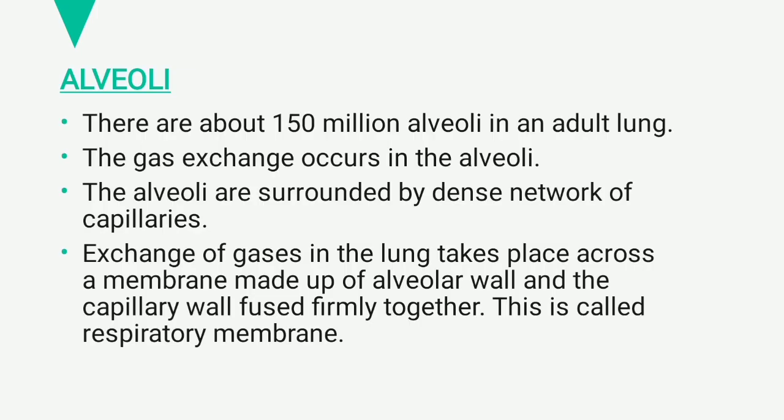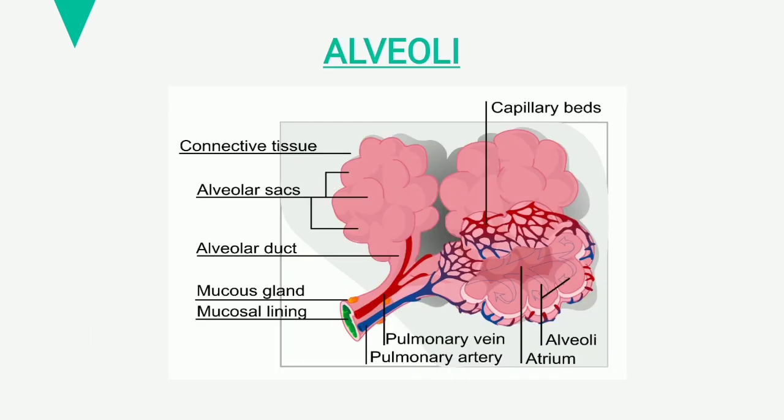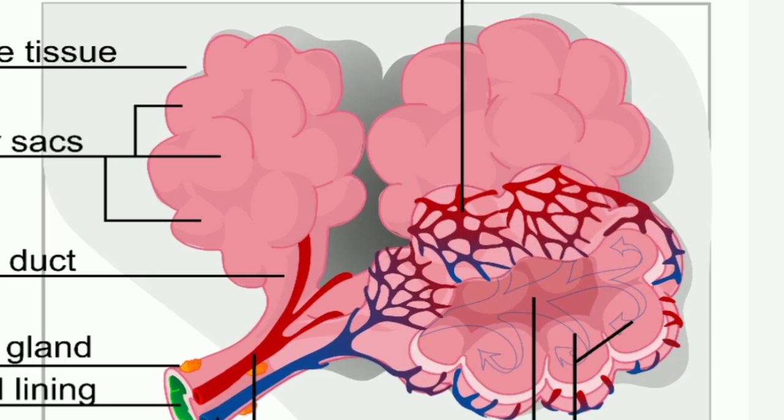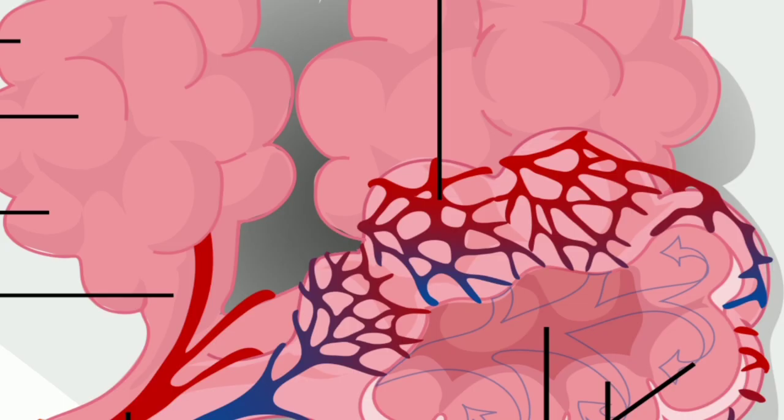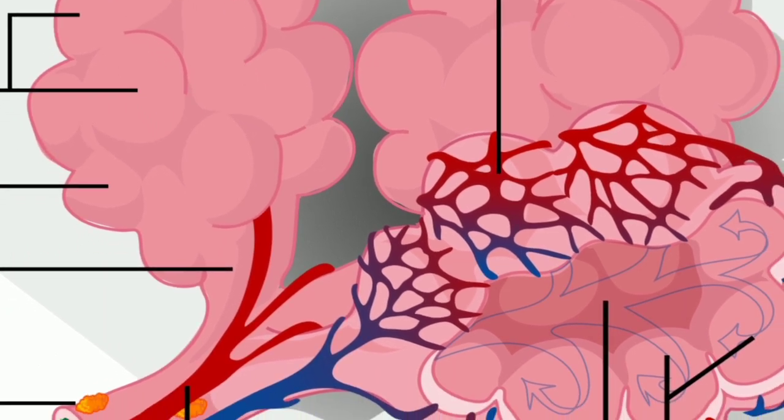Exchange of gases in the lung takes place across a membrane made up of alveolar wall and capillary wall fused firmly together. This is called respiratory membrane. So the exchange of gases occurs over here. Here the alveolar wall and capillary wall fuse together, and it is known as respiratory membrane.